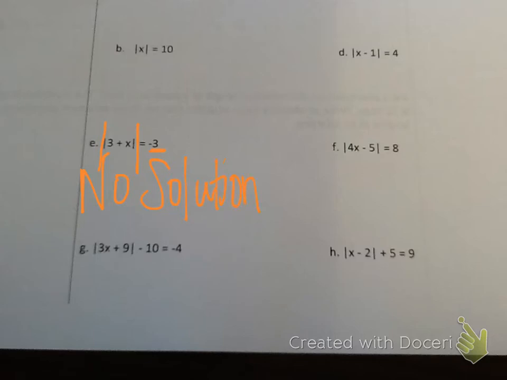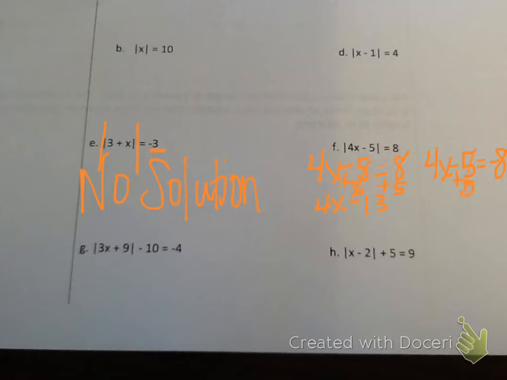On letter F, we have to set up our two equations. 4x minus 5 equals 8, or 4x minus 5 equals negative 8. So I add 5 to both sides. 4x equals 13.